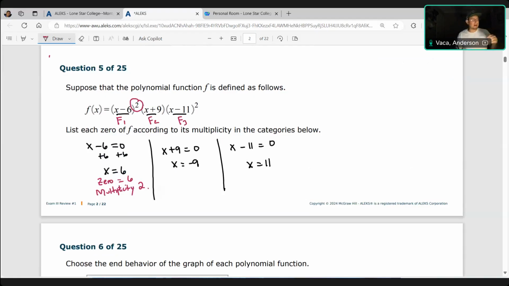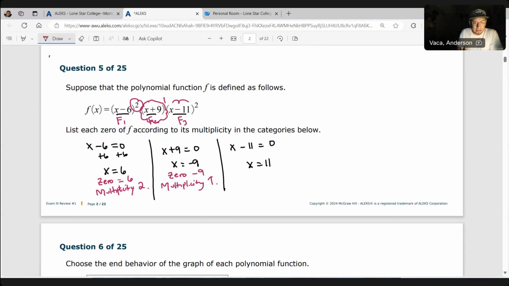What does that mean? If you missed this in the lessons, it means it's repeated 2 times. If we look at this second factor, which is x plus 9, it's just being raised to the 1 power. So the zero -9 is only repeated once; it's just 1.